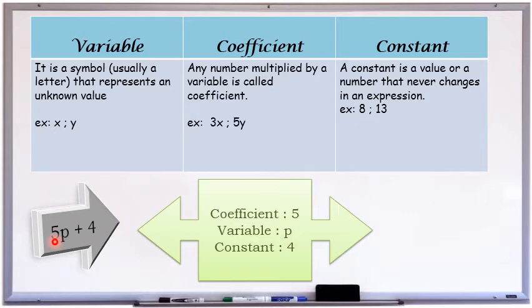It's the number that's multiplied by the variable. Since we have plus 4, 4 is the constant. 5p plus 4, an expression that contains a coefficient, a variable, and a constant, is called an algebraic expression, which is the title of our lesson.